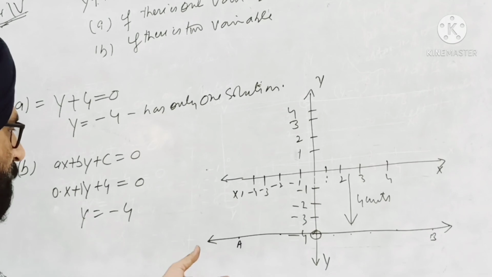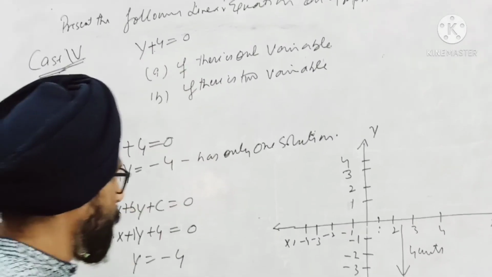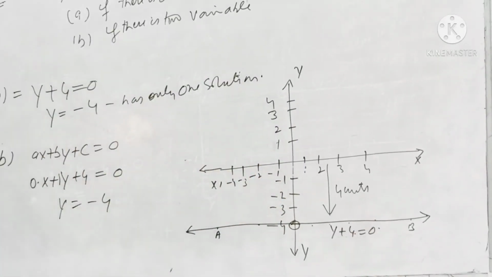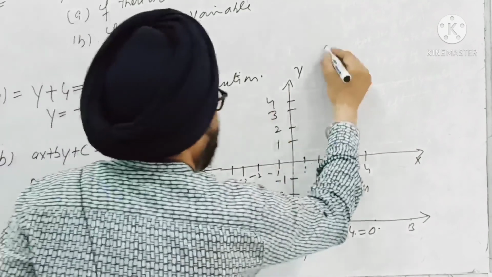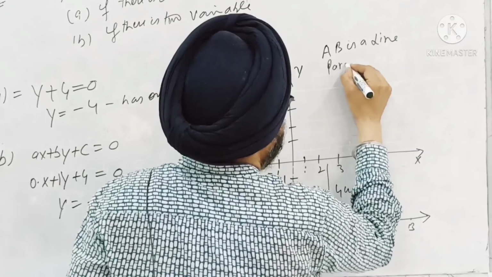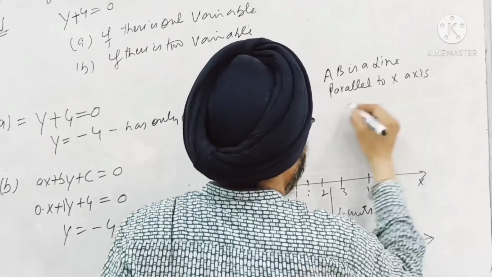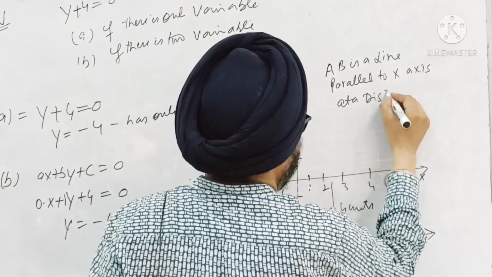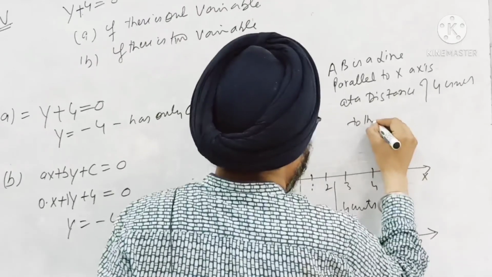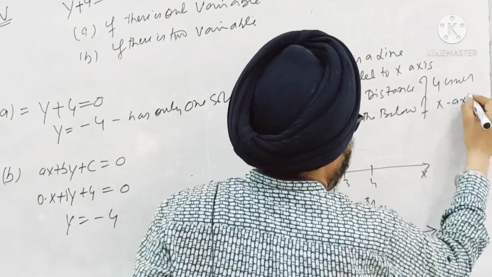So it is clear that where y plus 4 is equal to 0, AB is a line parallel to the x-axis at a distance of 4 units below the x-axis.